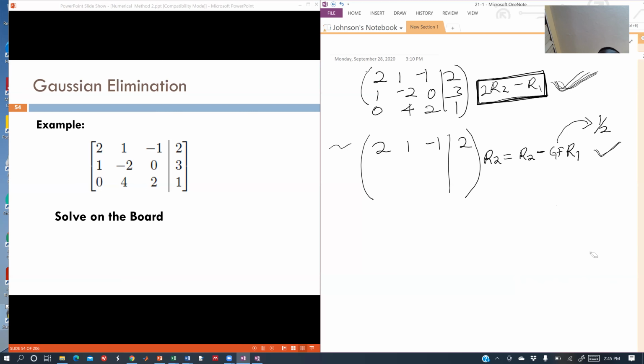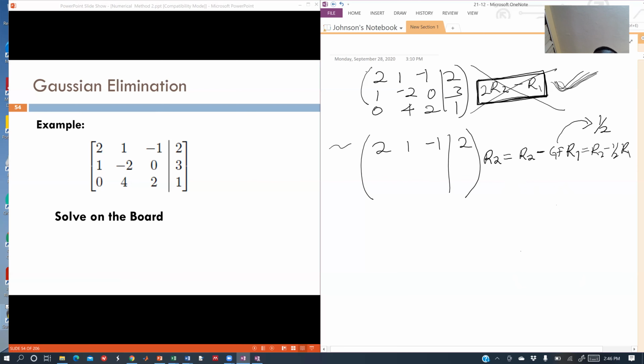So now this particular procedure is not going to be used. We are going to use our Gaussian factors, which in this case, using this equation, is going to give us row 2 minus half row 1. And that is what we are going to use. Let me quickly write that somewhere.